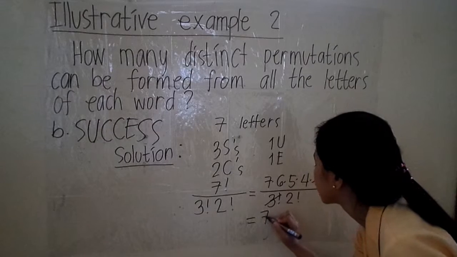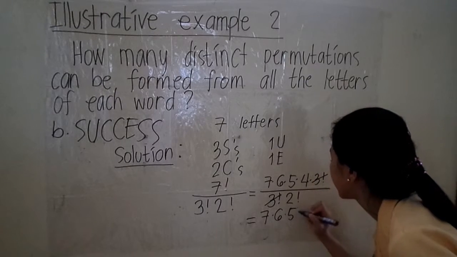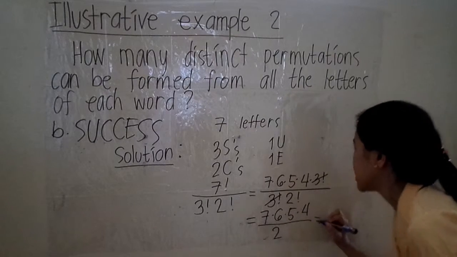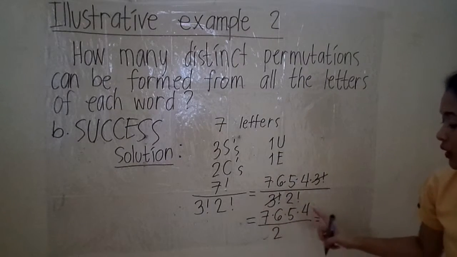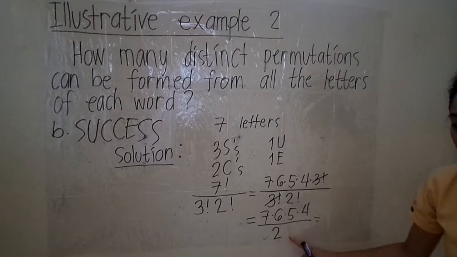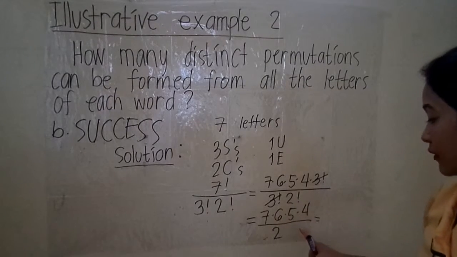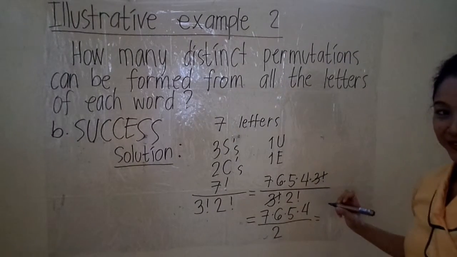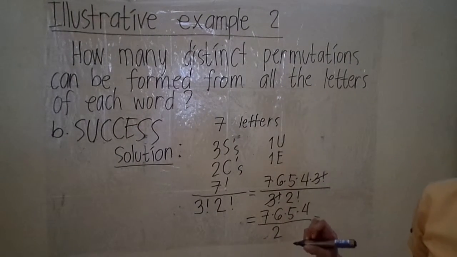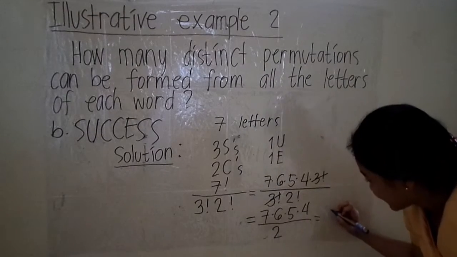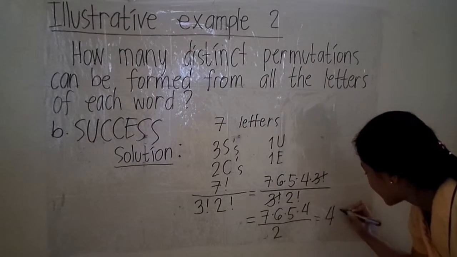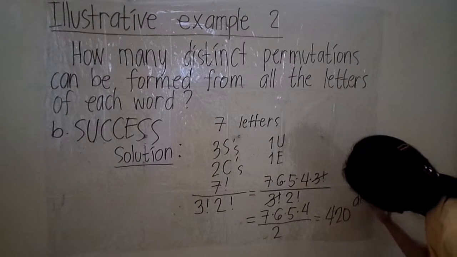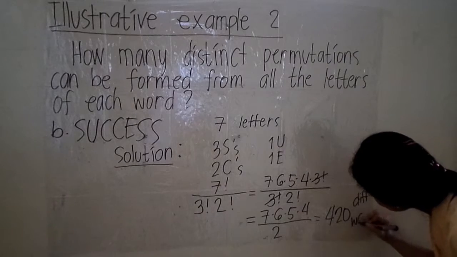This becomes 7 times 6 times 5 times 4 over 2. So we just have to multiply all the numerators divided by the denominator. So the answer is 420 different ways.